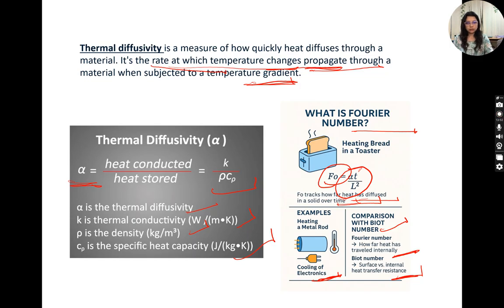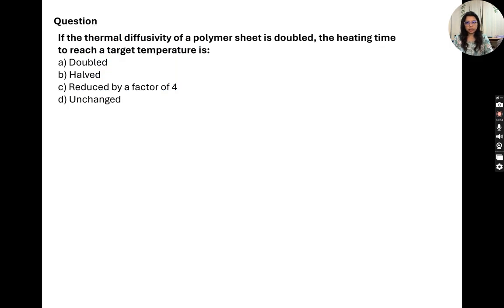Okay, then, if yes, we can move forward. There's a question related to what we have just studied. If the thermal diffusivity of a polymer sheet is doubled, the heating time to reach a target temperature is... So they are asking, if we double the thermal diffusivity of a polymer sheet, what will be the effect on the heating time to reach a target temperature?